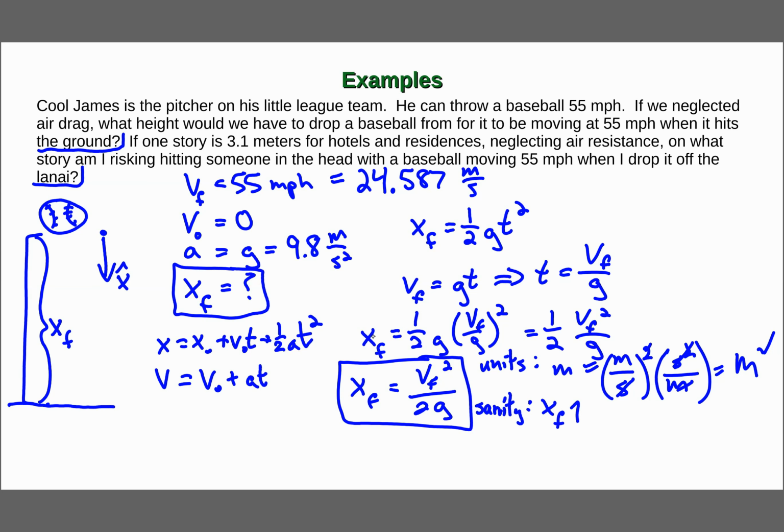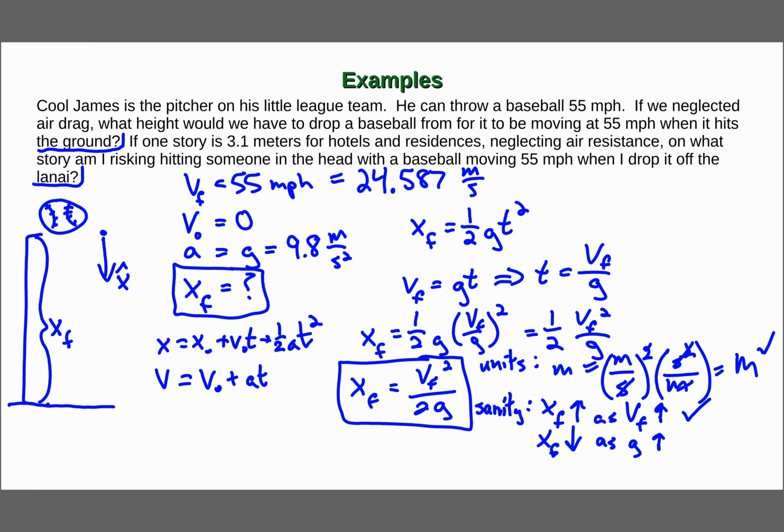For sanity, X F goes up as V F goes up. So if I have the same acceleration due to gravity and I want the ball to have a higher speed when it hits the ground, I have to drop it a further distance. That makes sense. I have X F goes down as g goes up.